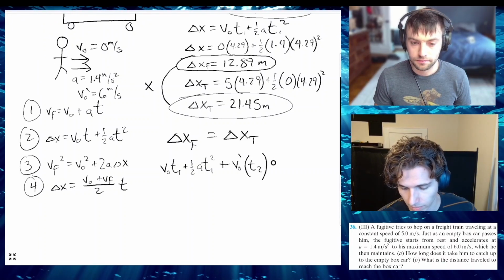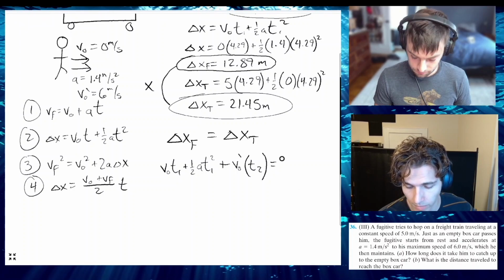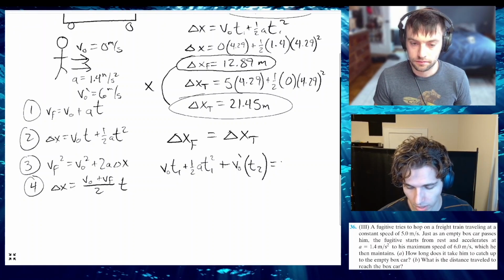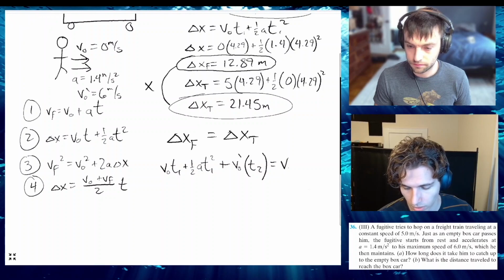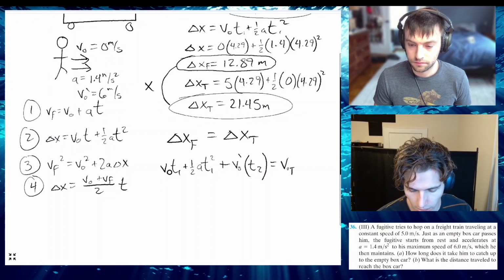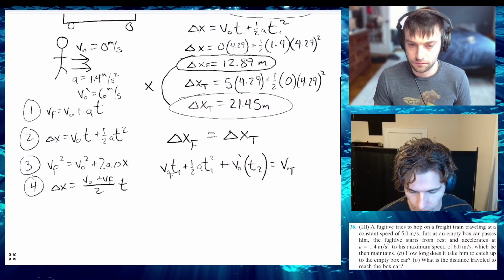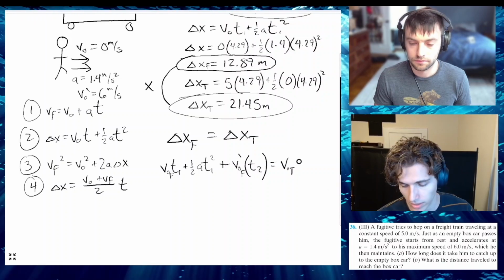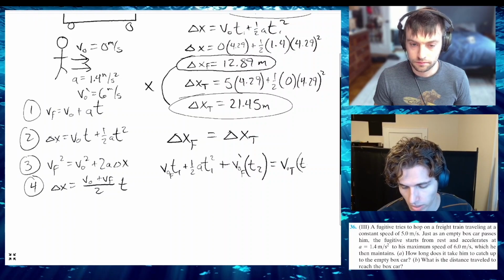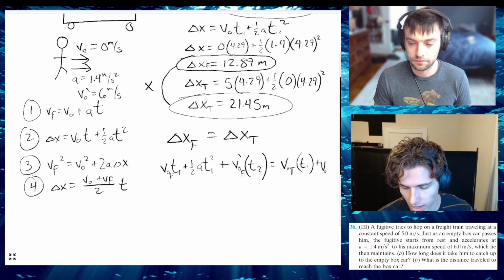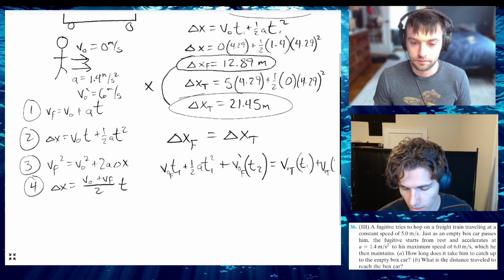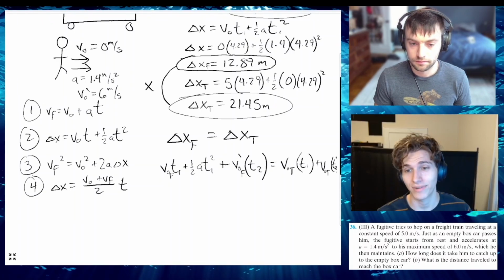All of this is going to be equal to the train, and the train's velocity is constant. V naught train, I guess I should call this v naught fugitive and v naught prime fugitive, times t1 plus v naught train times t2. This is pretty tricky.